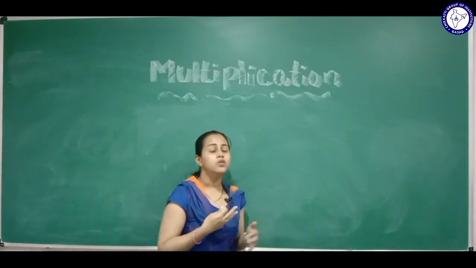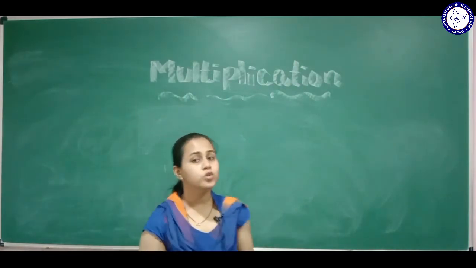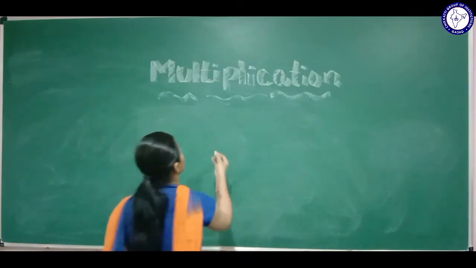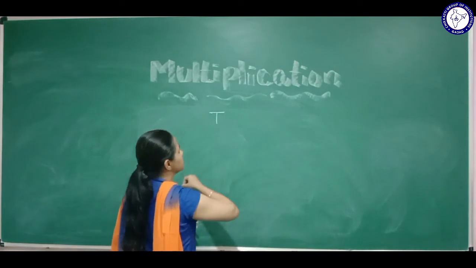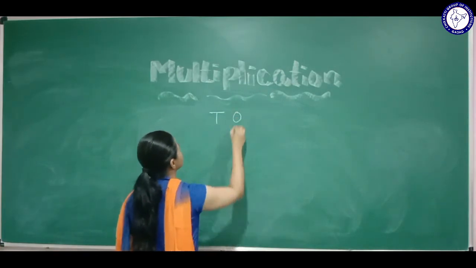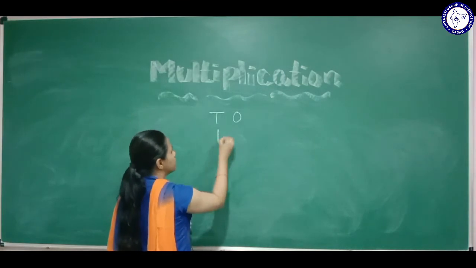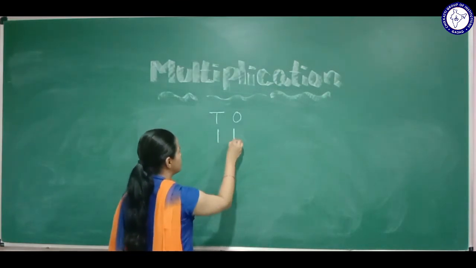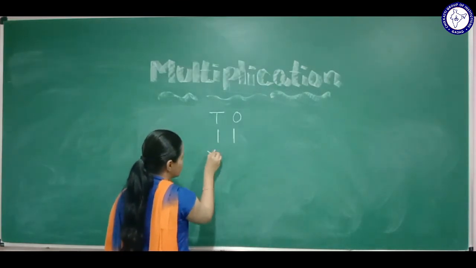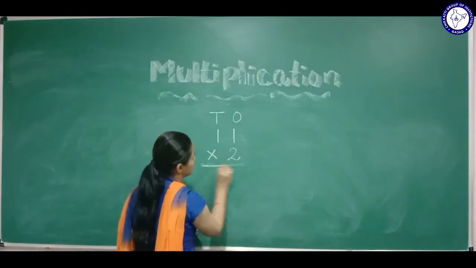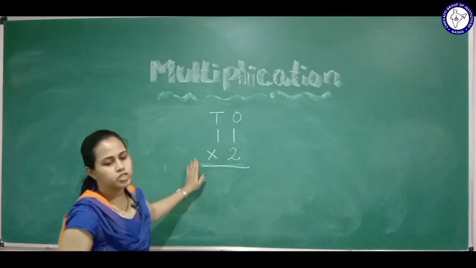So how do we multiply a 2-digit number with a single-digit number? Here it's a tens and a ones unit, right? So here if I write 11 into 2, okay, what should we write?